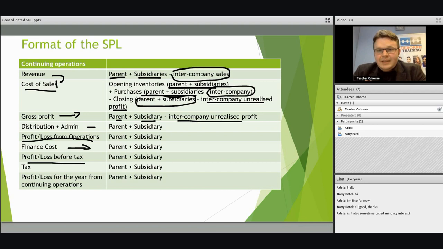So this is where we get our profit ratio. So, for example, if the subsidiary comes here, this is where it comes in. So then we take away our tax, and then we get our profit and loss for the year. And we say profit and loss for the year from continuing operations. Right? That's how we should technically say it. But you can see it's just a lot of adding, really. Right? And then just a couple of small adjustments that need to be done.